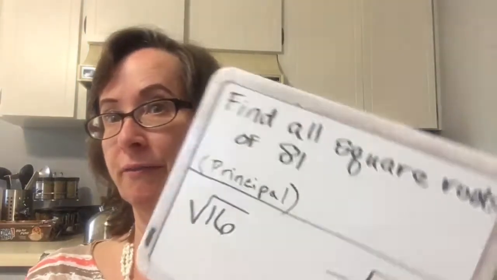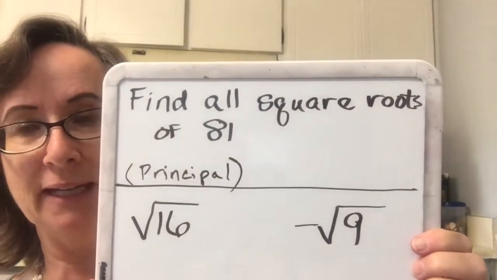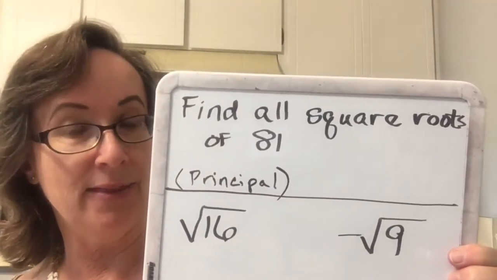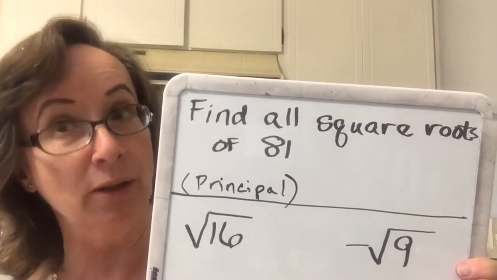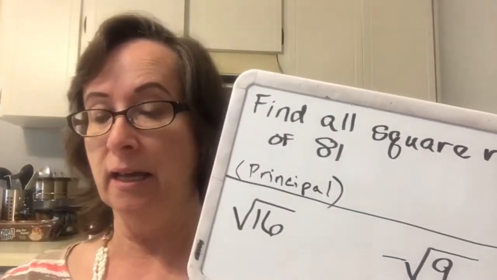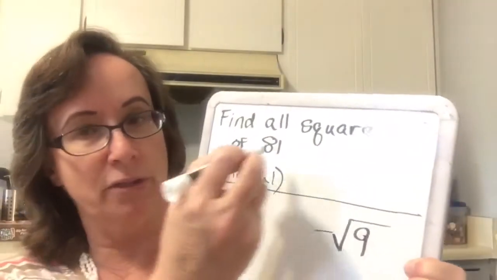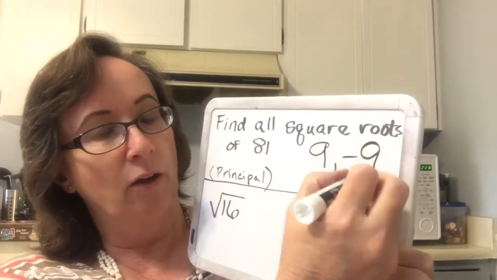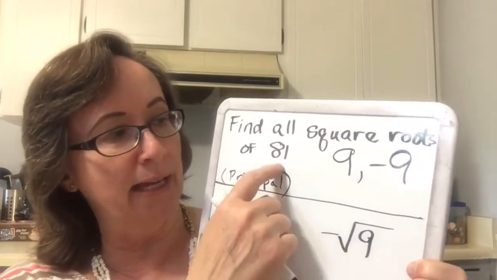So, the first thing we're going to do is find all of the square roots of 81. Now, remember, the rule is that if you do not see a radical sign, then you are taking the square roots, and you must remember that there are two roots to 81, 9 and negative 9, both square to give you 81. 9 times 9 is 81.